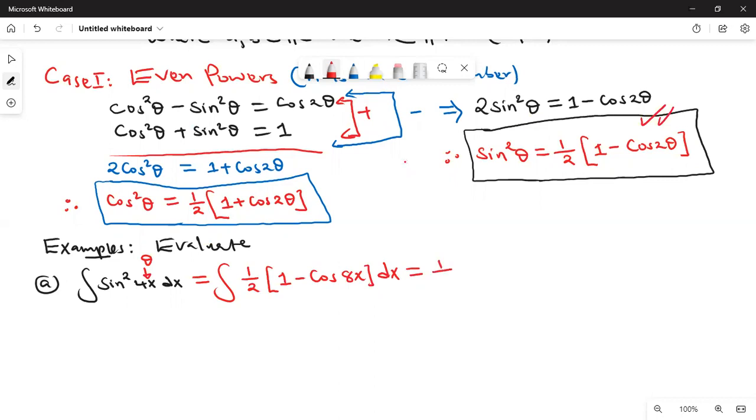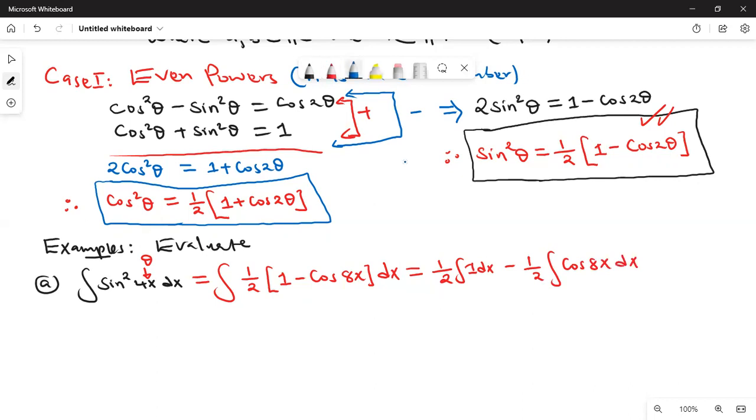So it's 1 over 2 times the integral of 1 dx minus 1 over 2 times the integral of cosine of 8x dx.